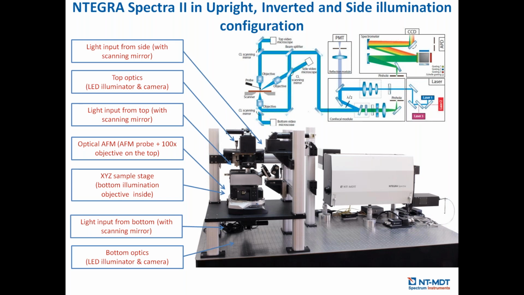So by several moves, by kinematically mounted holders, you can switch between different excitation channels. As I said, we can use any channel, top illumination, side illumination, and bottom illumination, to excite, and again we can use each of these channels to collect the optical response of the sample.